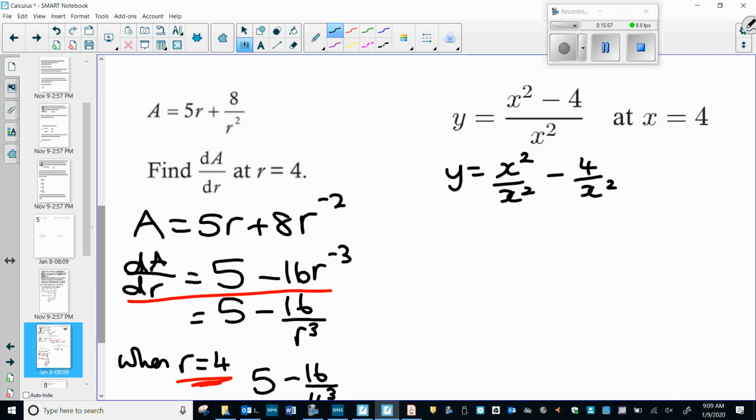Okay, so x squared over x squared is obviously 1, and then the minus 4 over x squared would be minus 4x to the negative 2. So I've rewritten my expression so I'm able to now differentiate it. Please don't forget, do not start differentiating it until you've established whether it needs rewriting.